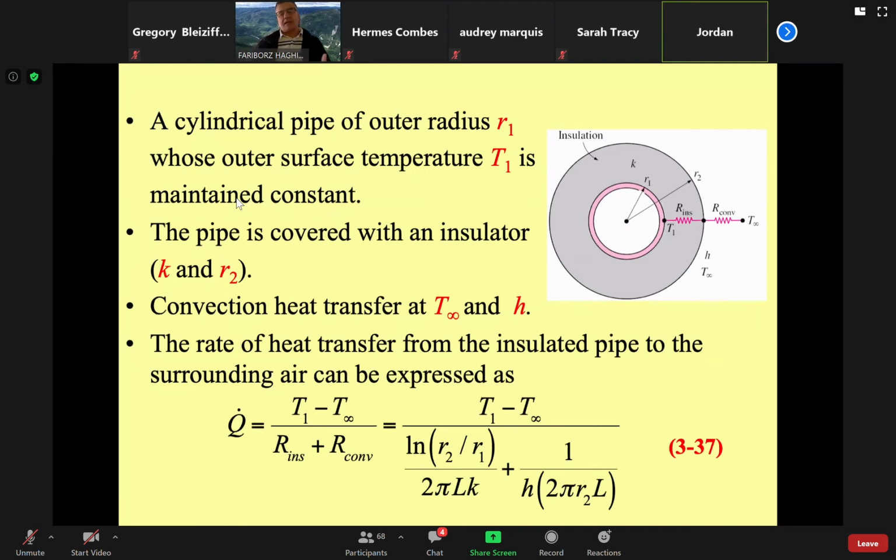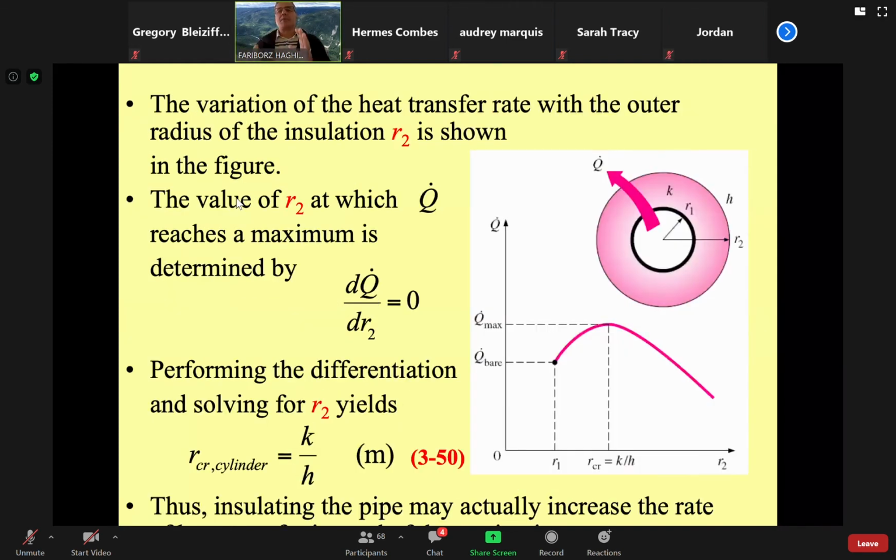Therefore, in the case of cylindrical coordinates, there is always an optimum value that gives you the best effectiveness. After that, increasing the insulation has no value anymore. Therefore, you have to keep this in mind.